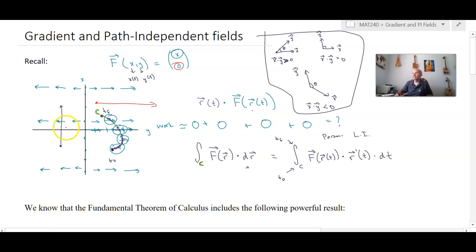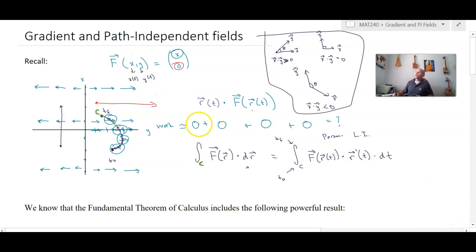In that case, you're not doing work on the vector field, and the vector field isn't doing work on you. And notice how I said that. I didn't say that there isn't work happening. I just said that the displacement, relative to the vector field, neither inhibits nor is supported by that vector field. They're perpendicular, completely orthogonal. Versus if I get a negative dot product, that means predominantly I was going against the current.